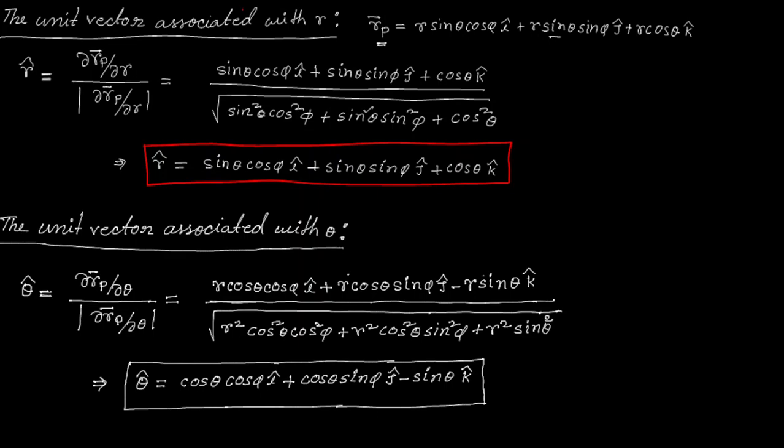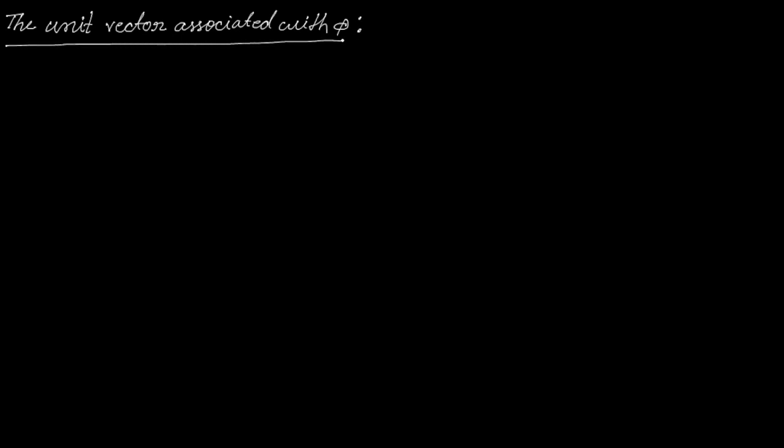And then we have another variable, phi. So let me write the unit vector associated with phi also. The unit vector associated with phi, usually we represent it by phi cap.